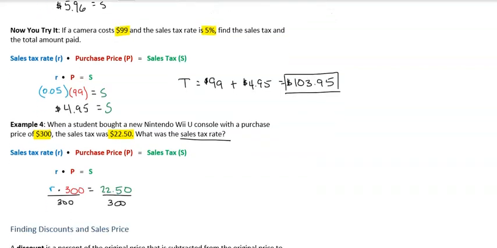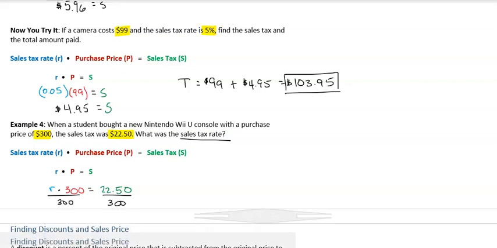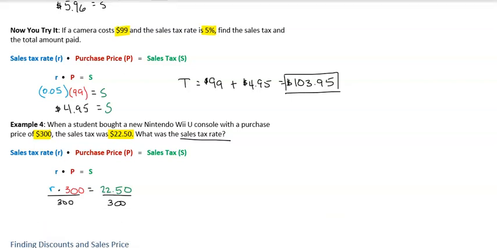And we are going to find that R equals 22.50 divided by 300. And when you take 22.50 divided by 300, of course, you're going to get a decimal, 0.075, which if you move the decimal place over two places or multiply by 100, you get 7.5%. So the sales tax rate was 7.5%.